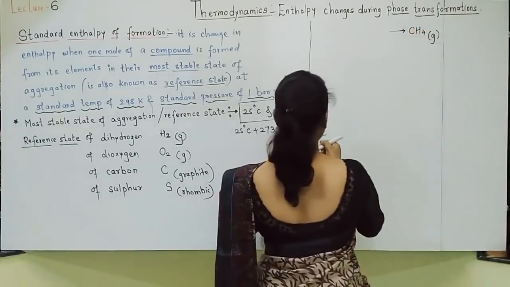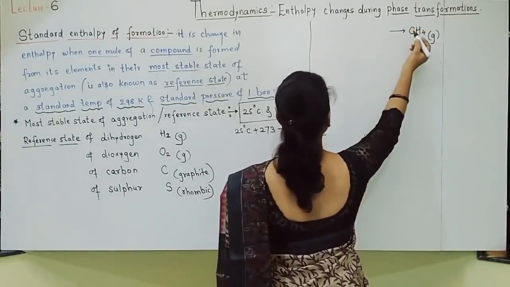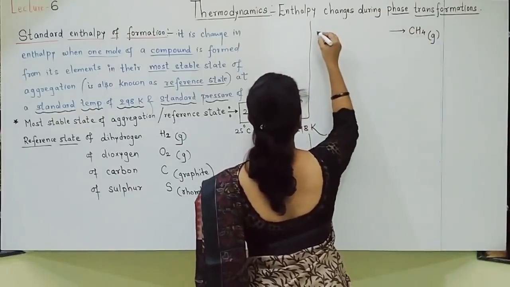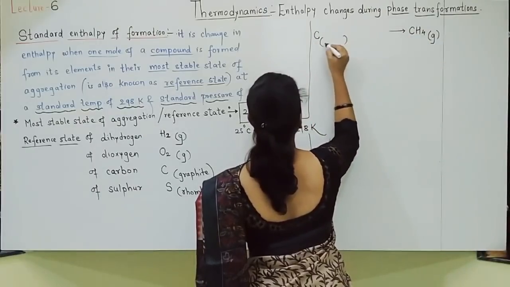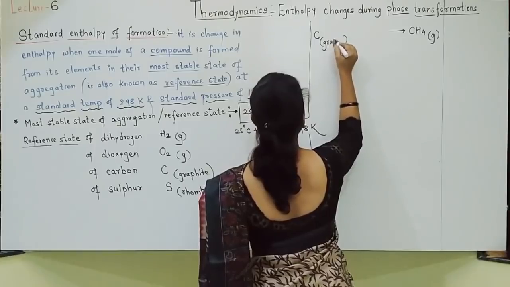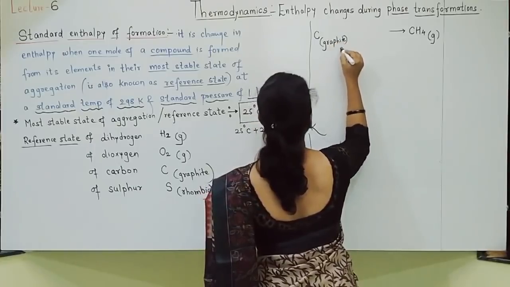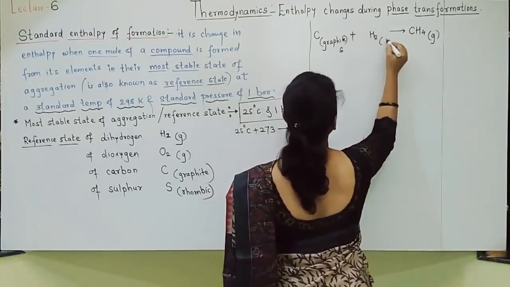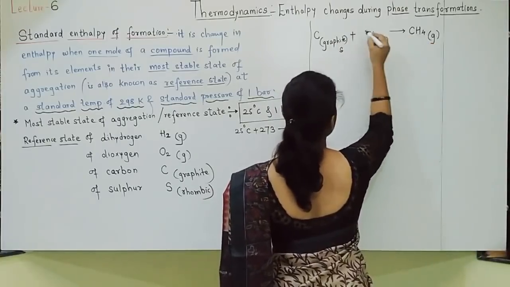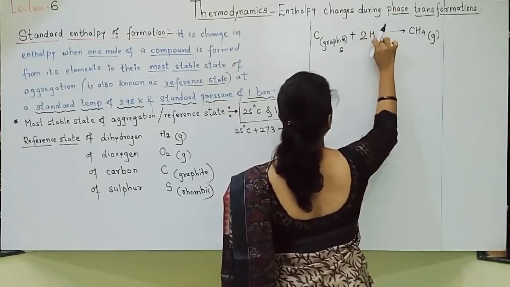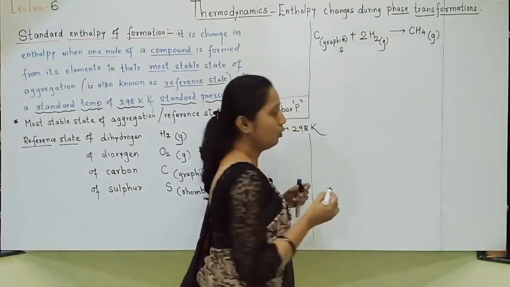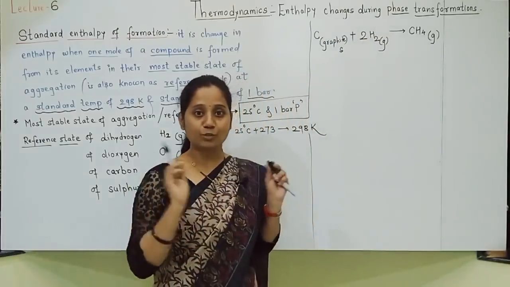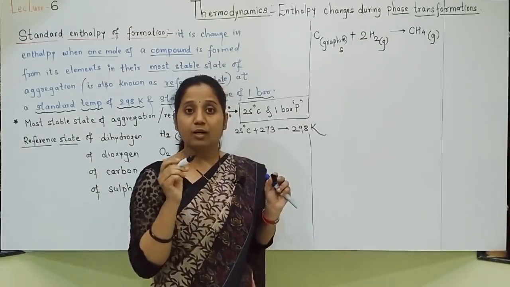Now it is formed from its elements. Which are the elements of methane? Carbon plus hydrogen, but since it is H4, I will write 2 hydrogen. Students, don't write C plus H4 gives CH4.